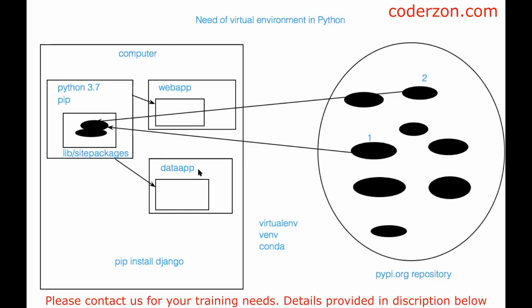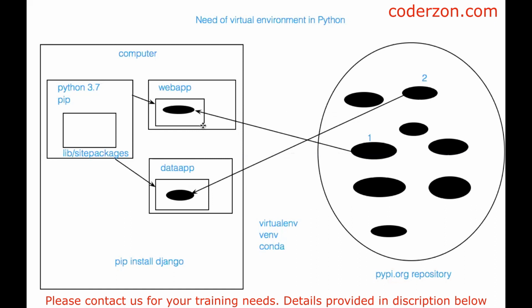So when we activate this web app's virtual environment and do a pip install, the libraries get installed to that virtual environment instead of being installed globally in this location.